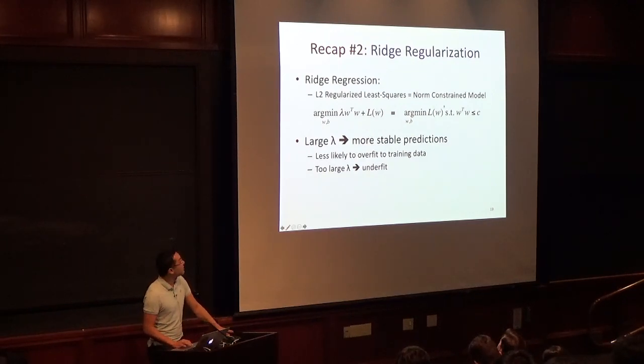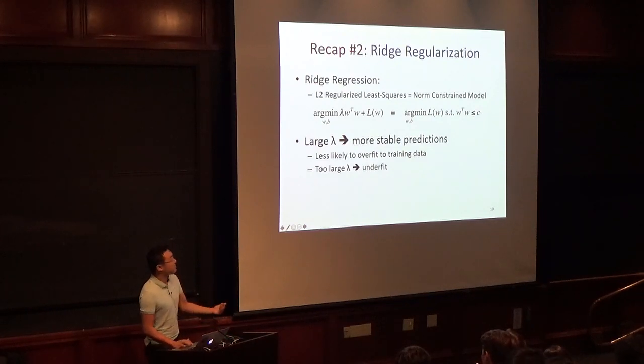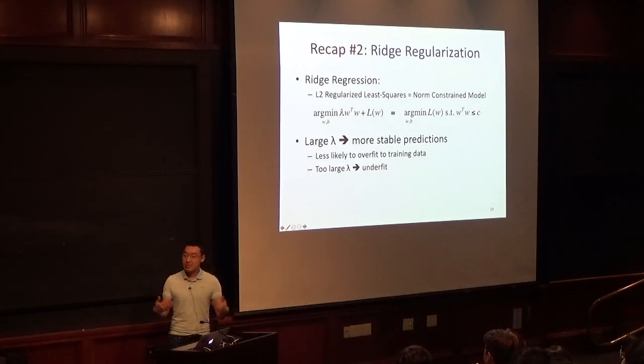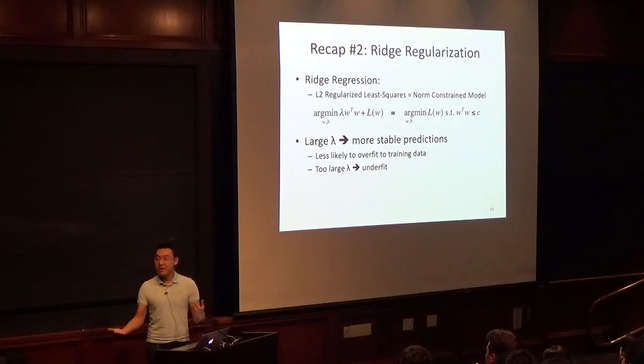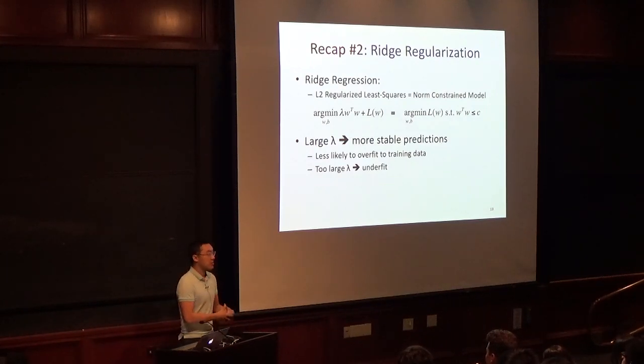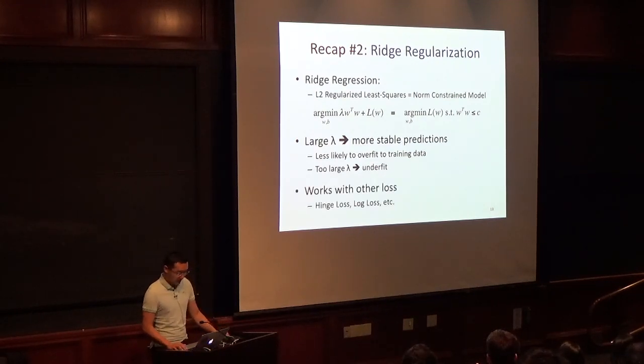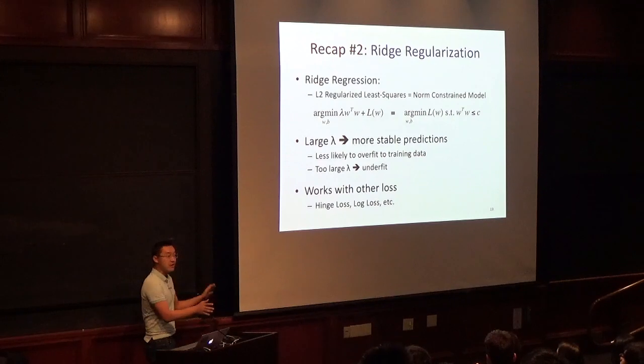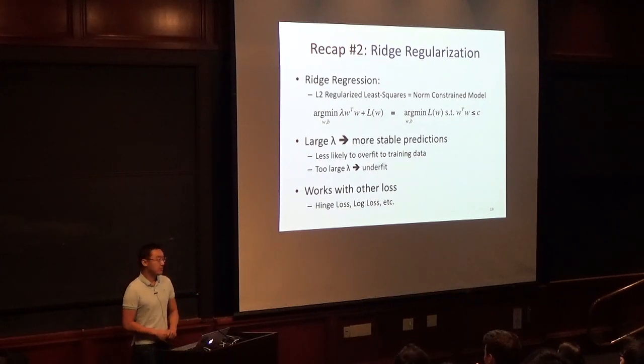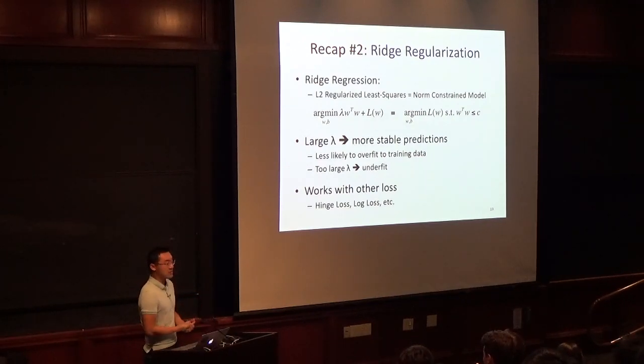Because of this relationship, if we want C to be smaller, we want lambda to be bigger to get the same solution. Therefore, as you increase lambda, you are decreasing the complexity of the model class you want to learn. And again, everything I just said works with other loss functions as well, such as hinge loss, log loss, etc.